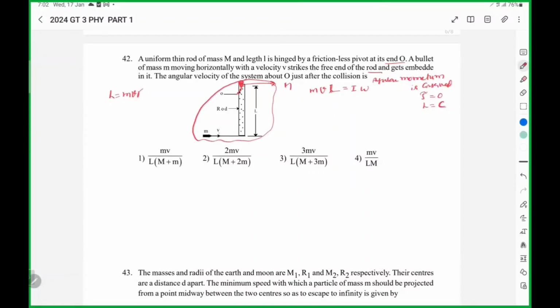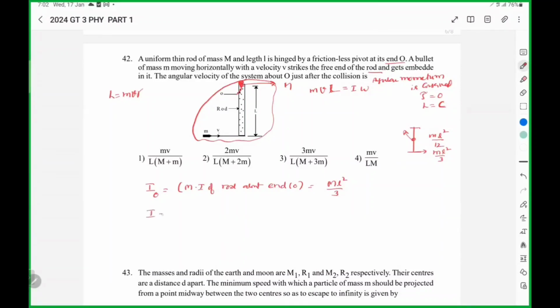For a rod, about the center of mass perpendicular, the moment of inertia is ML square by 12. About the end it is ML square by 3. So the moment of inertia of the rod about O is ML square by 3.